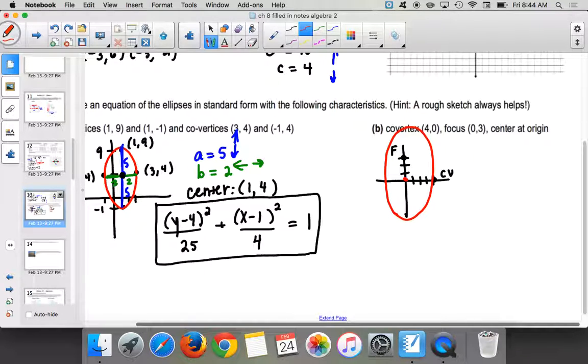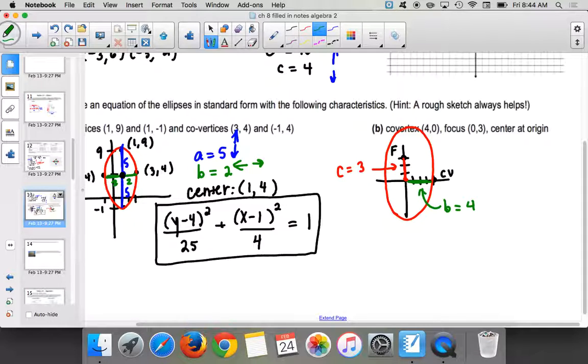We don't have our A value, but we have this distance, which becomes our C. So our C is 3. And we have this distance, which is our B value, so B is 4. It doesn't go all the way to the top, it just goes to the focus. How can we find what A is?